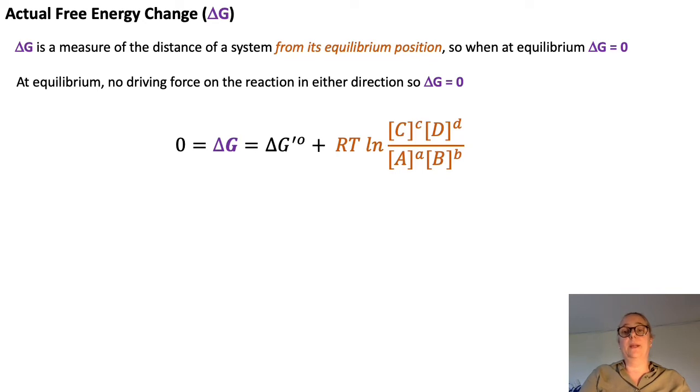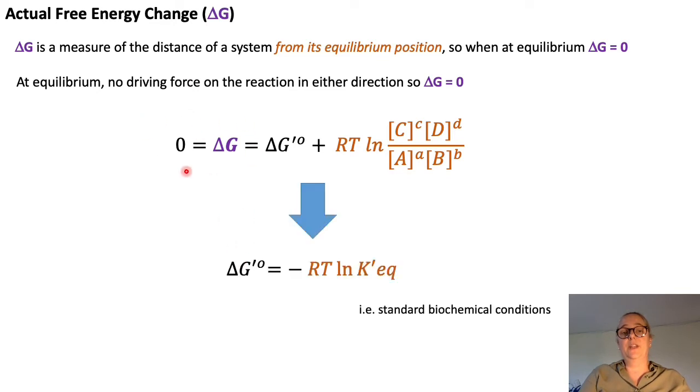Here we can then simplify this equation. Where there's no equilibrium change, we essentially remove this part and simplify this equation. So this is then the actual standard biochemical conditions.